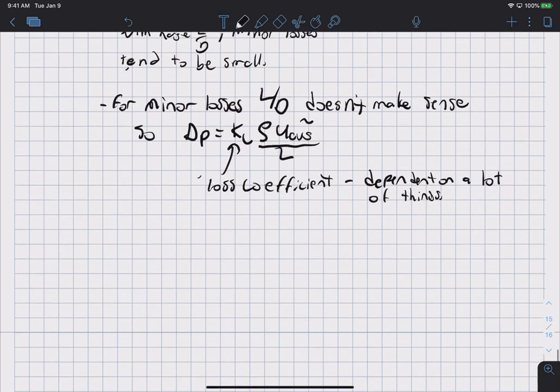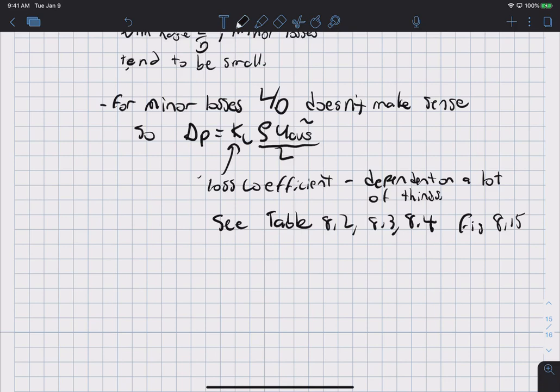You can find these in tables in the book, see Tables 8.2, 8.3, and 8.4 and Figure 8.15 for some examples. And in general, for engineering purposes, a lot of pipe and component manufacturers will actually give you data on the loss coefficients for their components, so you can accurately design something.